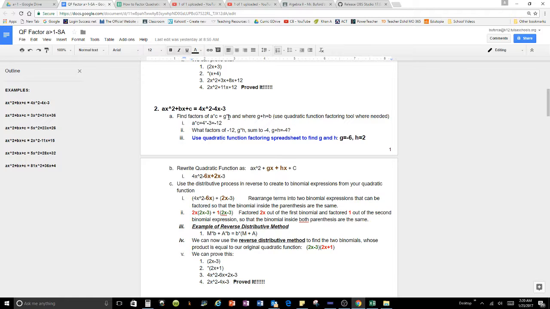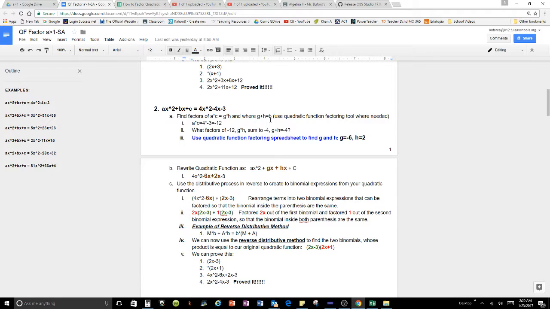So again, let's look at our a and c value, because now what we need to find is the product of a and c. We don't just want the c value, we need to multiply a times c, and the product of g and h has to equal a times c, and the sum of g and h must equal b.